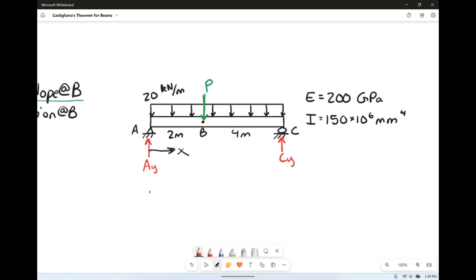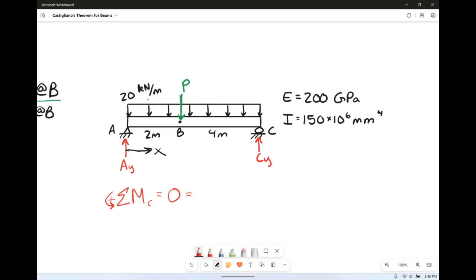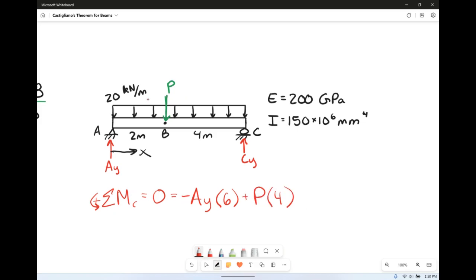So let's start by summing the moments about C and set it equal to 0 so that we can find AY. So we're going to have negative AY times 6. Then we've got plus P times 4. And also plus the base of 6 times the height of 20 times the distance, 1/2 of 6.